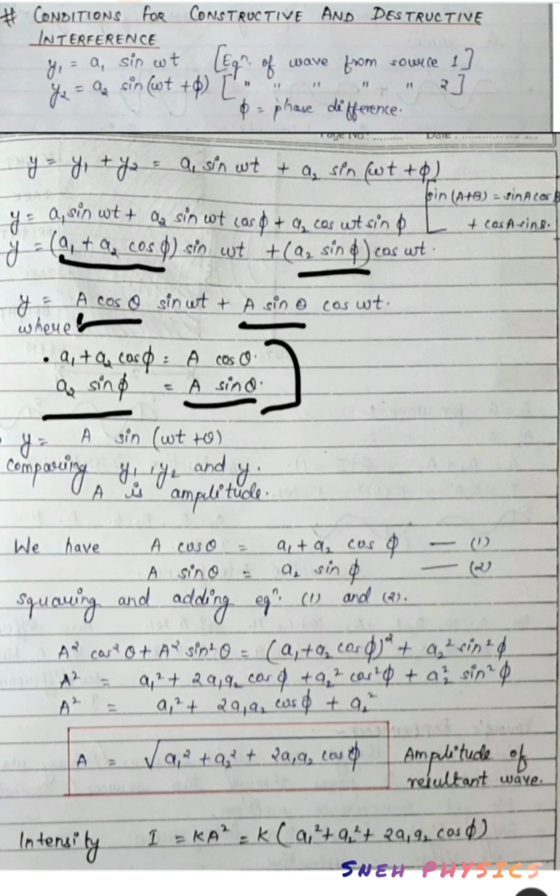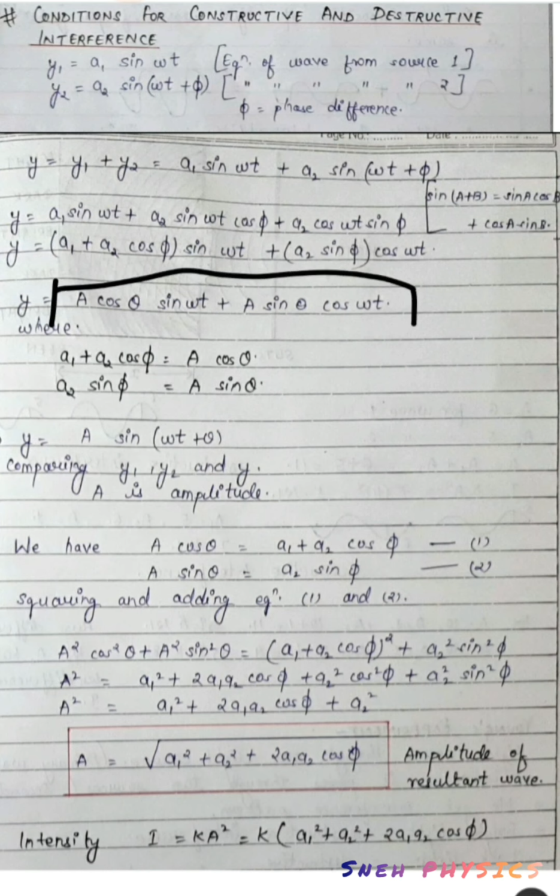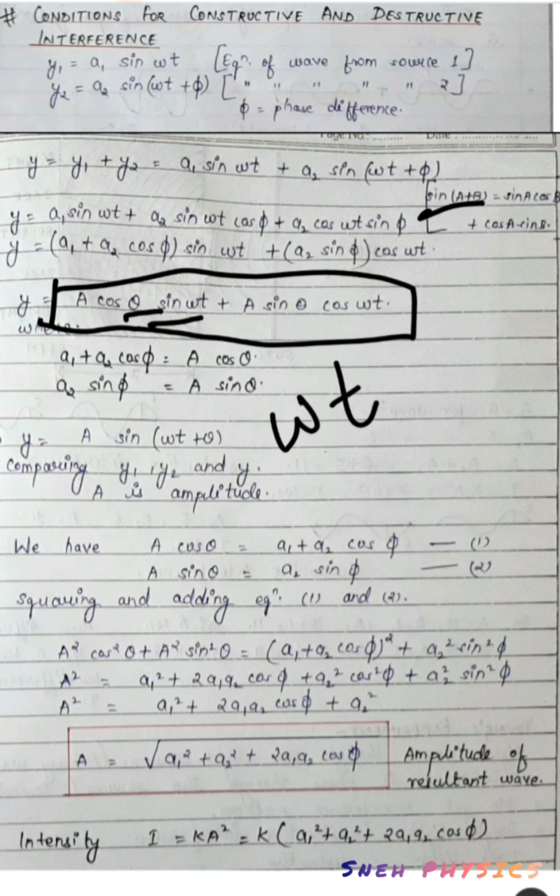Now this equation gives the form of sine a plus b, where omega t will denote a and theta will denote b.